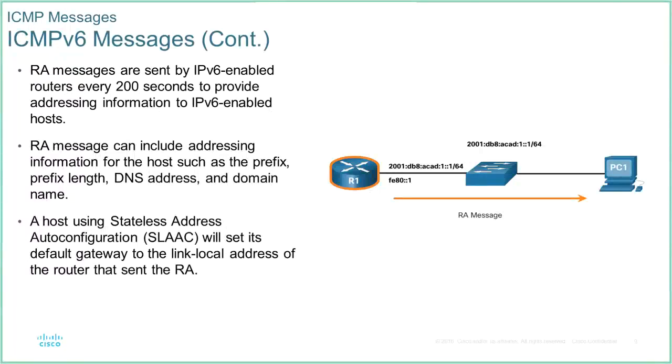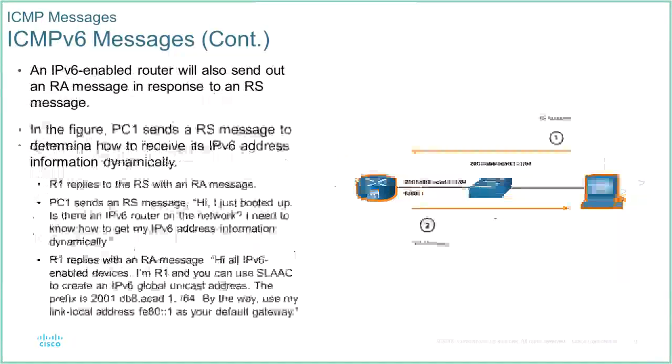So hosts that are using stateless address autoconfiguration, SLAAC, will get some default gateway information and create their link address, and that's all derived from those messages. So ICMP is integral to the way the automatic addressing works within IPv6 networks.